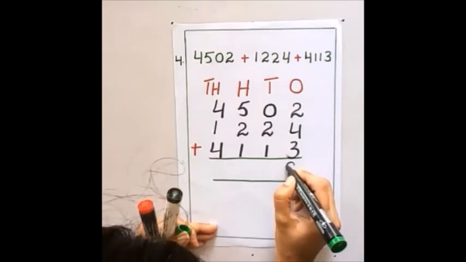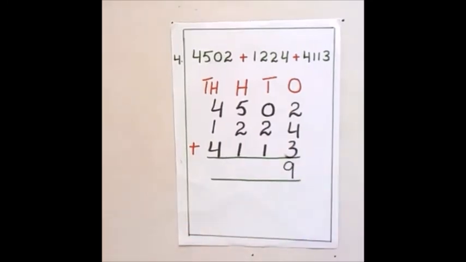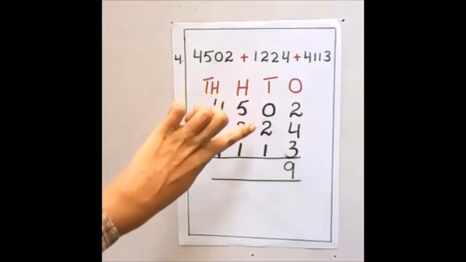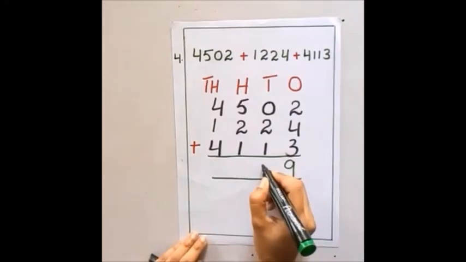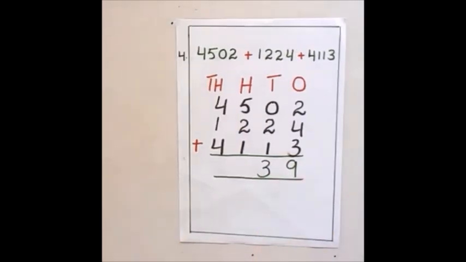So I will write 9 over here under the ones place. Then in the tens place the numbers are 0, 2 and 1. 0 plus 2 is 2 and 2 plus 1 is 3. So I will write 3 under the tens place.